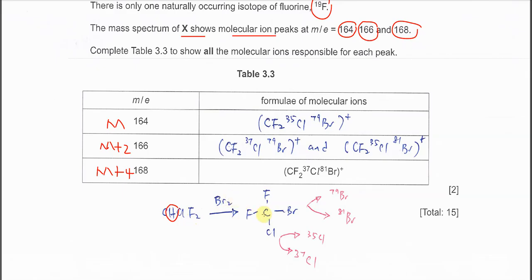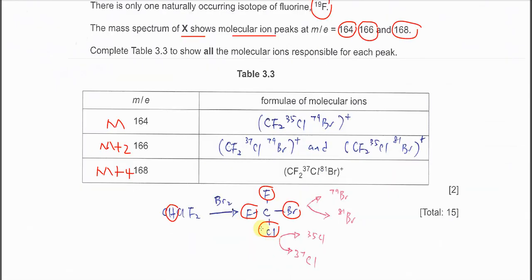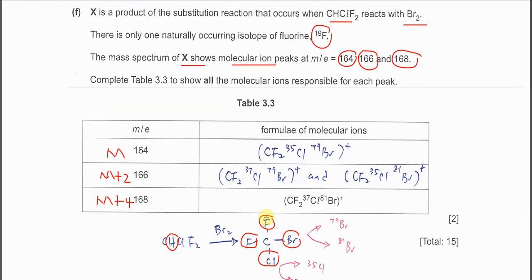So now, the compound just has the C with 2 F, 1 bromine, 1 chlorine. After the reaction, it will form this molecule, as mentioned in the question, substitution.